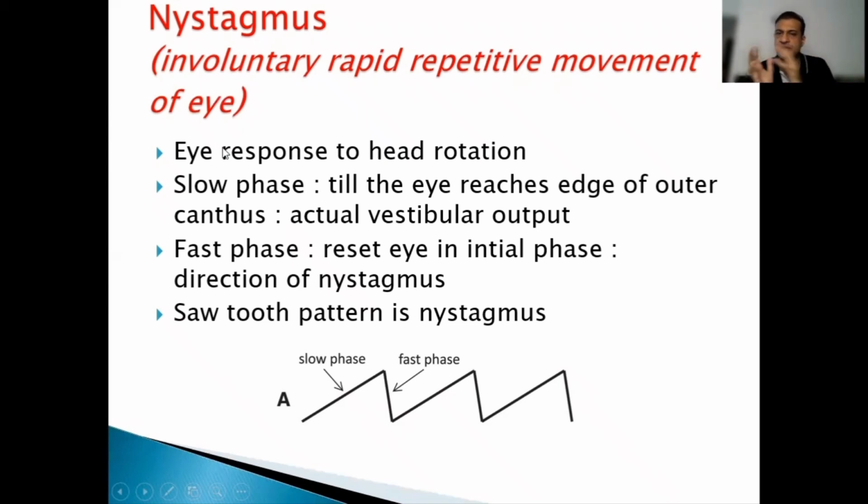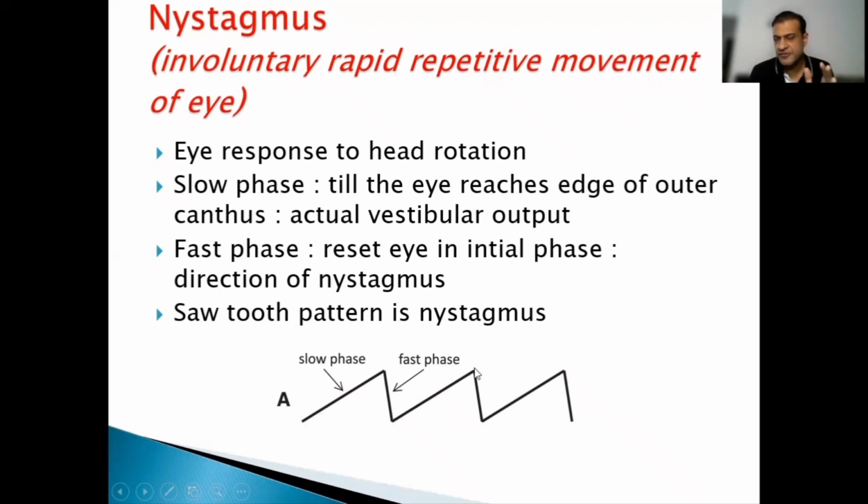So the eye's response to head rotation is nystagmus. In the slow phase, my eye keeps a slow phase till it reaches a specific point, the maximum point of the canthus, and then shifts with a fast component, which is the corrective component. As the sawtooth pattern shows, initially there is a slow phase and then there is a fast phase.